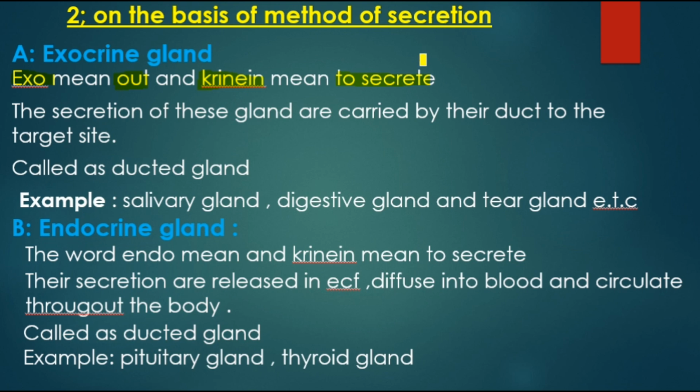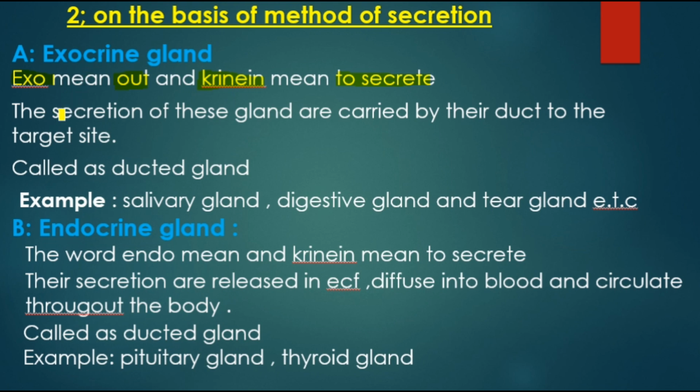So what does it mean? It simply means that when these glands secrete their product, the secretion moves through specific types of ducts. Such glands are called exocrine glands. Now look at the definition of exocrine glands.